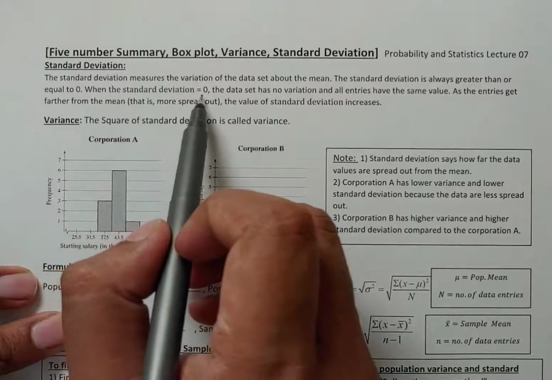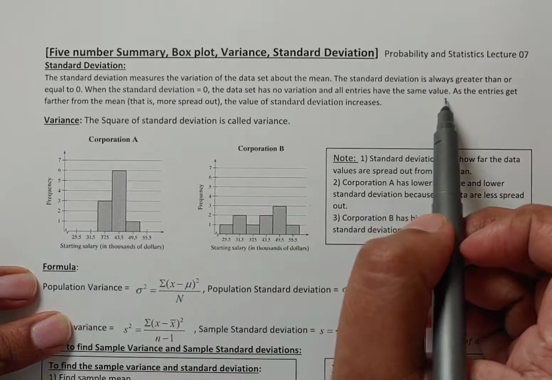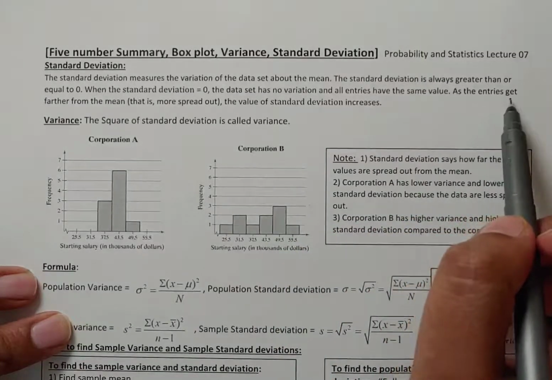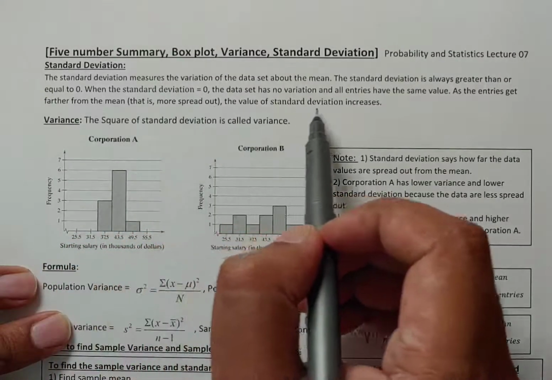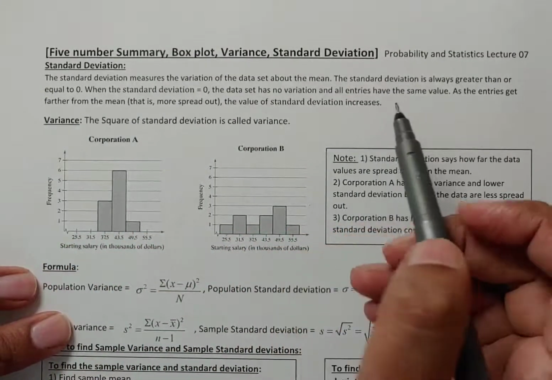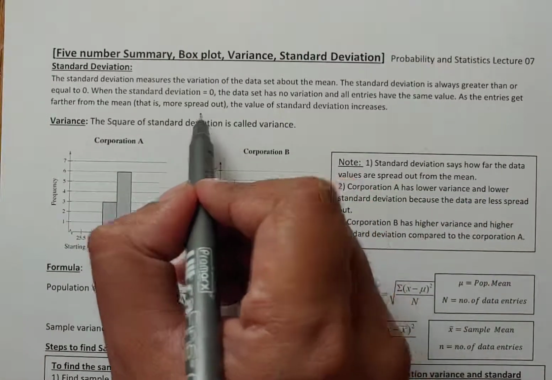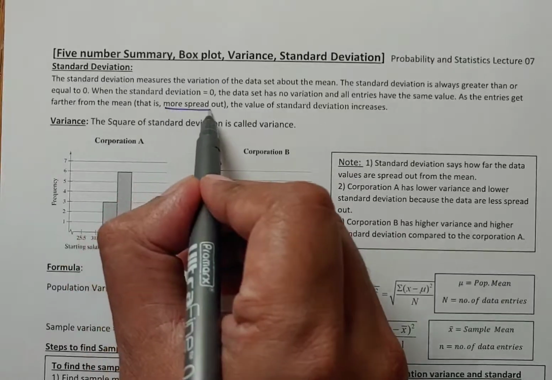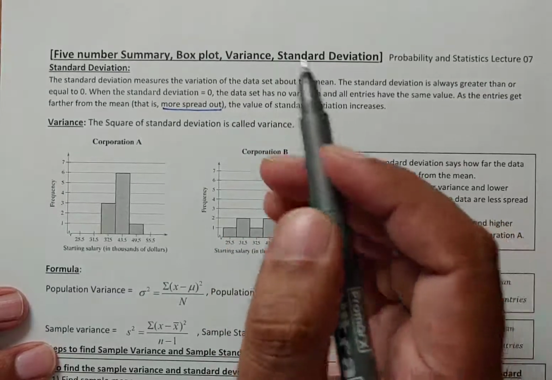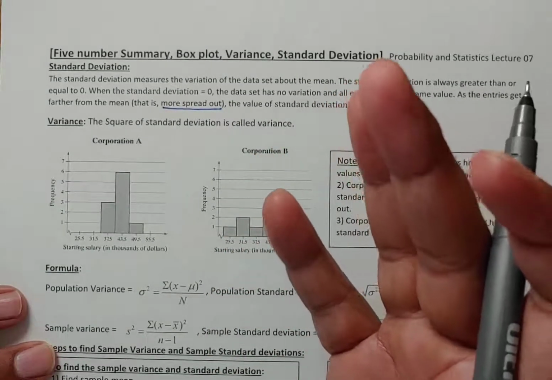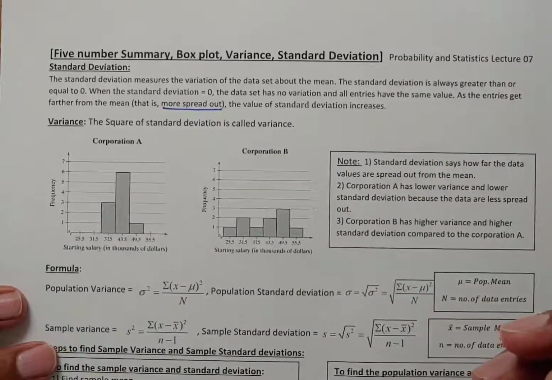When the standard deviation is 0, the data set has no variation and all entries have the same value. As the entries get further from the mean, that is more spread out, the value of the standard deviation increases. So this is what you have to know about the standard deviation. It says how much the data is spread out.